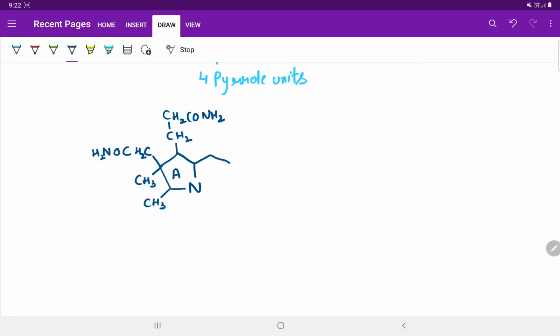So here is a methane bridge, and a second pyrrole will be attached from this side. And the same groups will be attached here, a methyl and an acetamide.